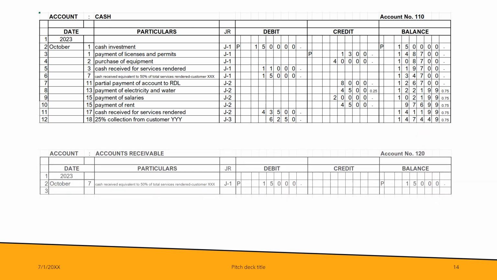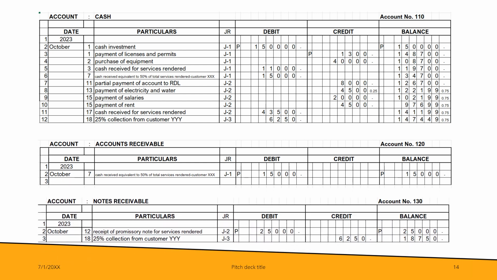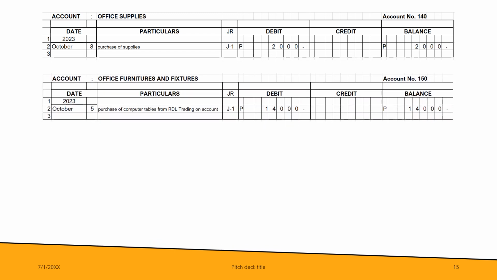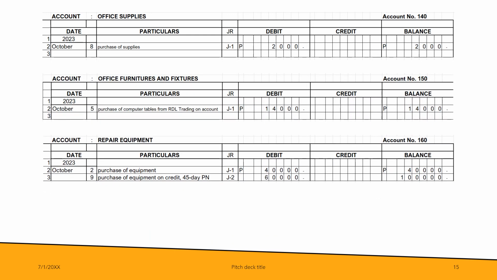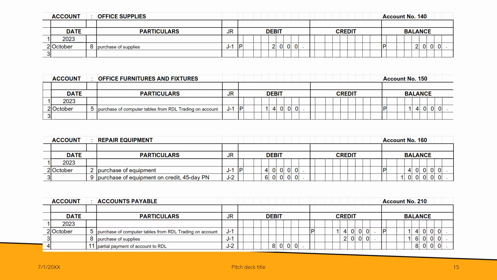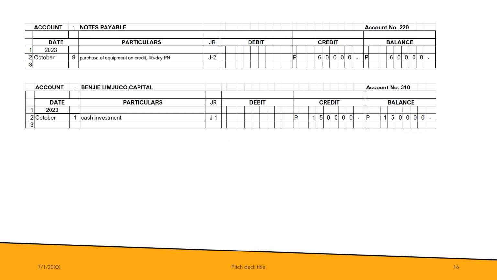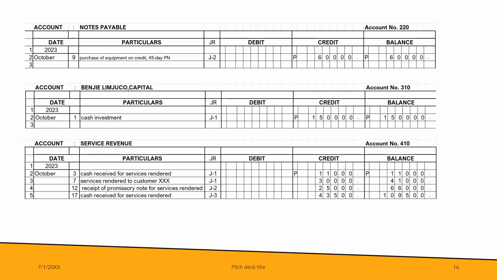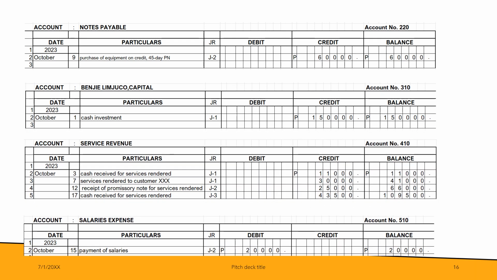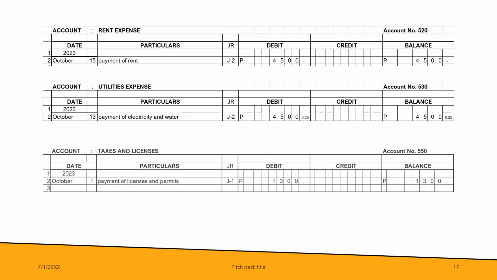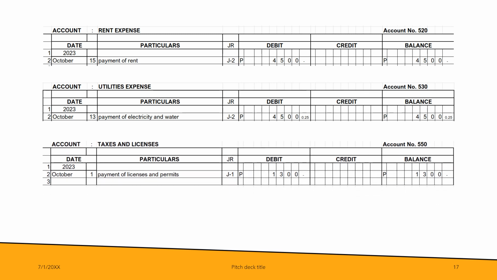This is for cash, accounts receivable, notes receivable, office supplies, office furniture and fixtures, repair equipment, accounts payable, notes payable, Benji Limhoco capital, service revenue, salaries expense, rent expense, utilities expense, and taxes and licenses.